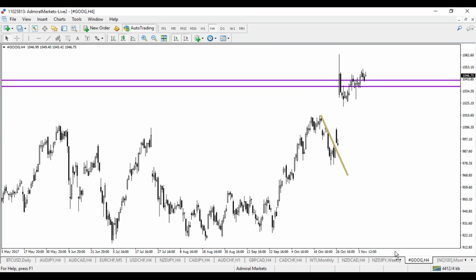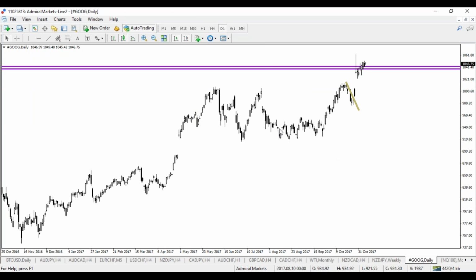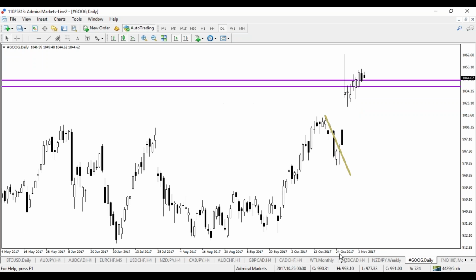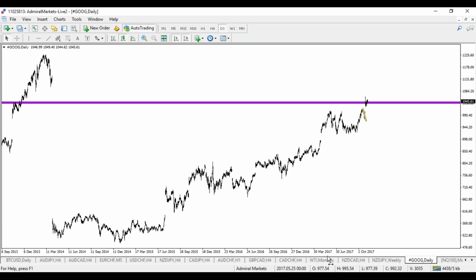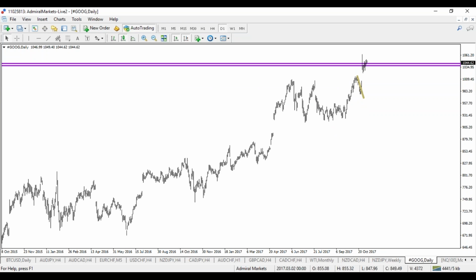And those IT companies, here you can see Google, were moving up very strongly, all the way down here at 700.